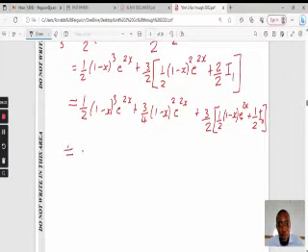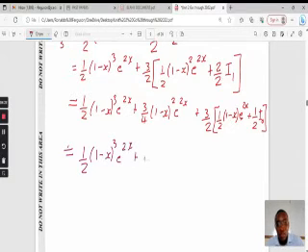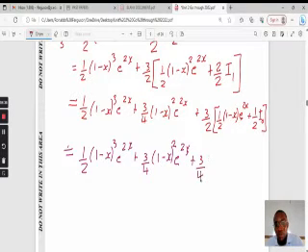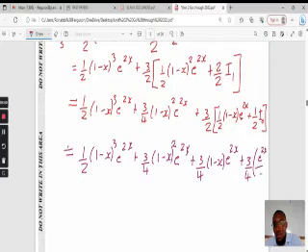This becomes now half, 1 minus x cubed, e to the 2x, plus 3 quarter, 1 minus x squared, e to the 2x, plus 3 times 1 is 3 over 2 times 2 is 4, 1 minus x times e to the 2x. Then 3 over 2 times 1 over 2 is 3 quarter, and it's 3 quarter of I naught, and I naught is e to the 2x over 2.